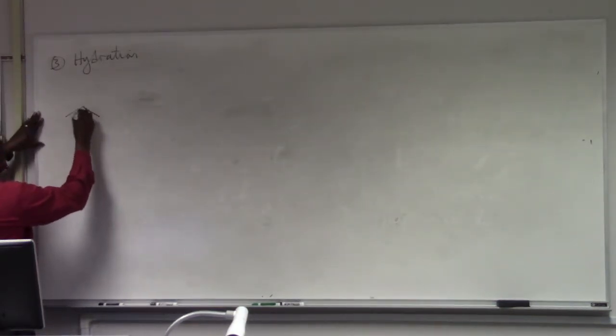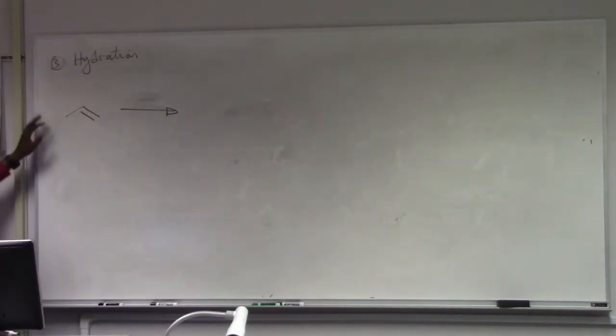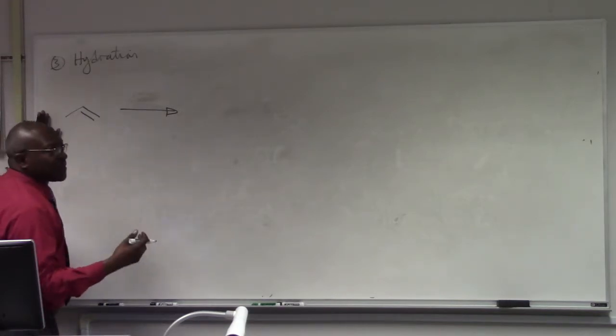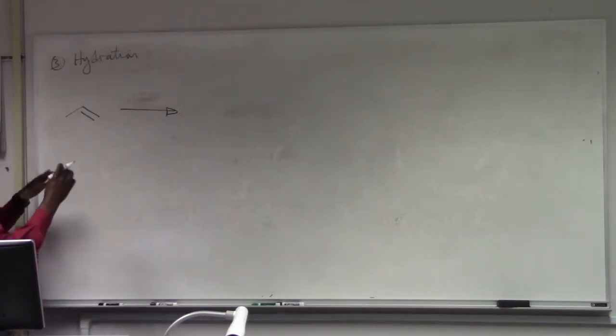So I can take an alkene and I can hydrate it, which means the addition of water, in several ways. Now, there are several methods for hydrating alkenes. We'll talk about one bad one, and then we look at the two better ones.